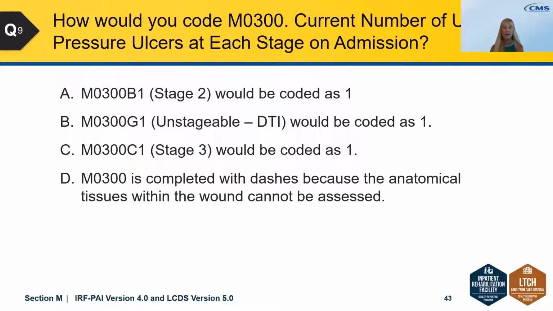Would it be A, MO300B1, stage 2 is coded as 1, B, MO300G1, unstageable due to DTI, is coded as 1, C, MO300C1, stage 3 is coded as a 1, or D, MO300 is completed with dashes because the anatomical tissues within the wound could not be assessed. So take a few seconds and complete the answer.